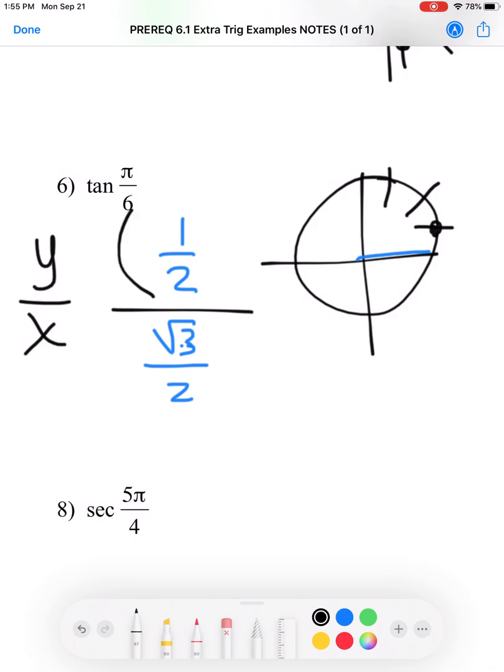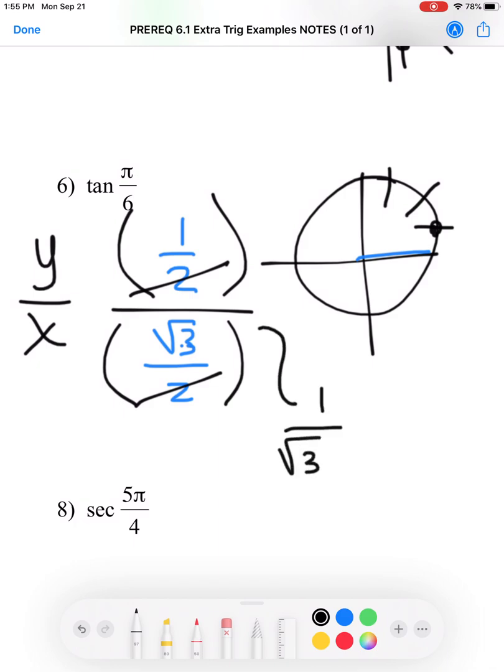Watch my canceling in this case, because since I'm dividing by 2 top and bottom, I can get rid of that. That leaves me with 1 over root 3, which then I have to rationalize to come up with a final answer of root 3 over 3.